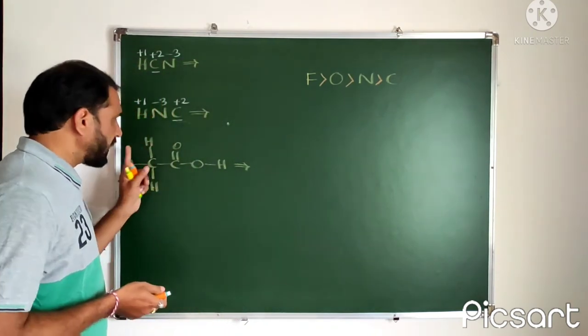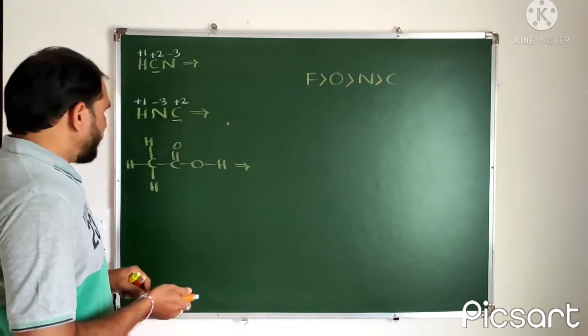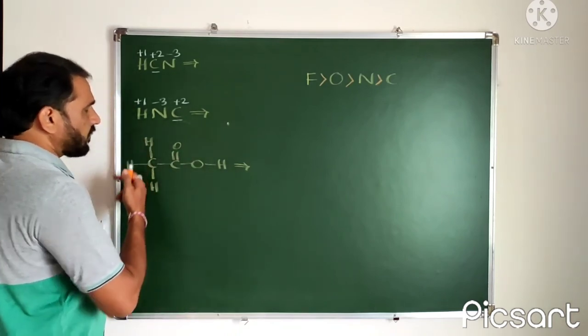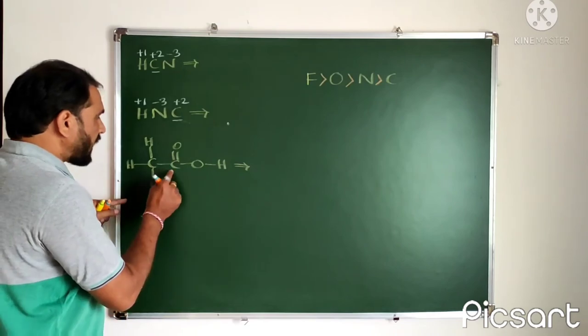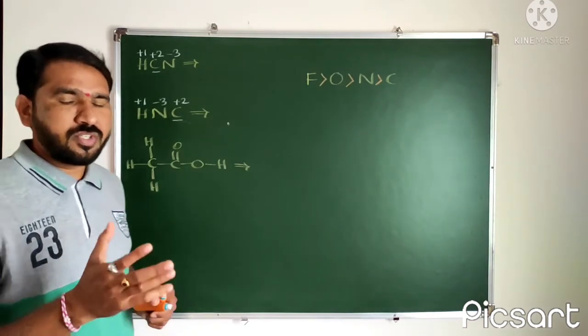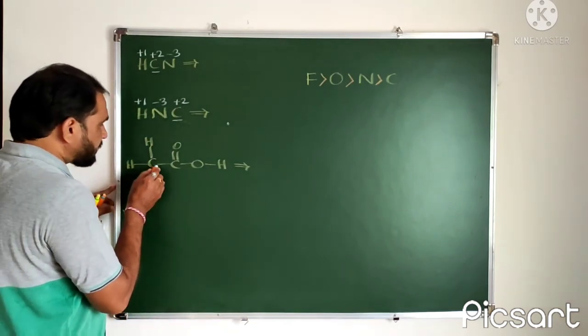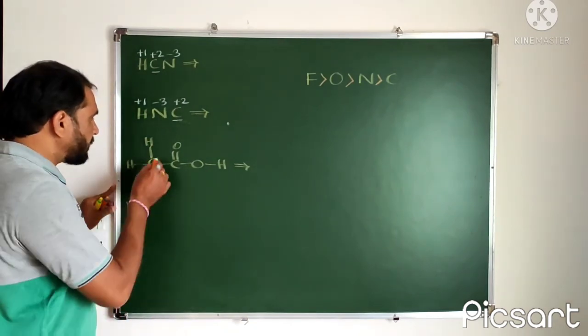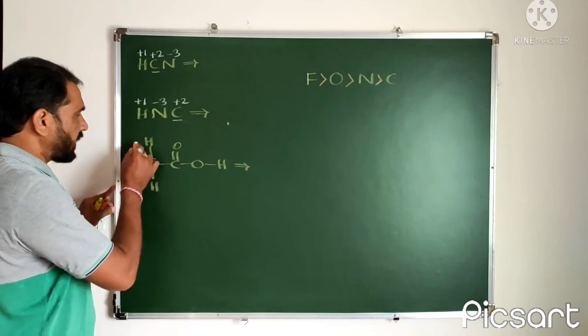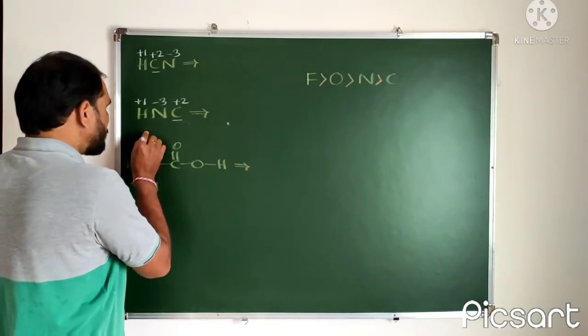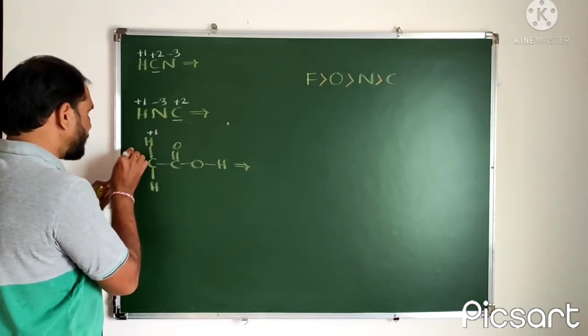Coming to the organic compound, there are 2 carbon atoms. We need to find the individual carbon oxidation states. This first carbon is surrounded by how many hydrogen atoms? 3, each showing a +1 oxidation state.